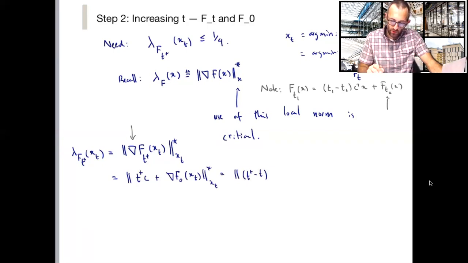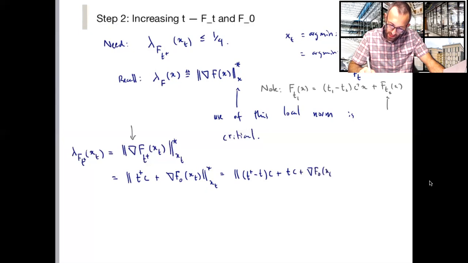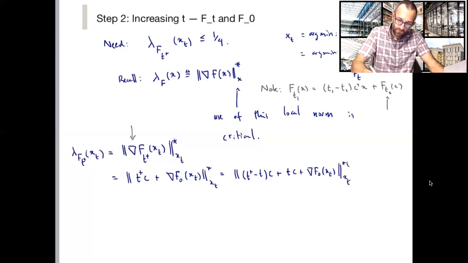So it's also equal to the gradient of (t⁺ minus t) times c. I subtracted out a tc, so now I'm going to put it back, plus tc plus the gradient of f0 at x_t. But what is this?